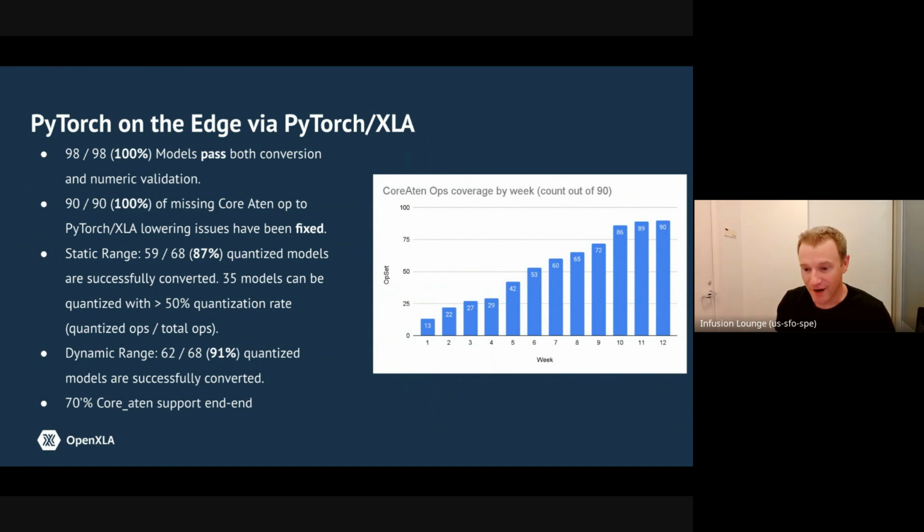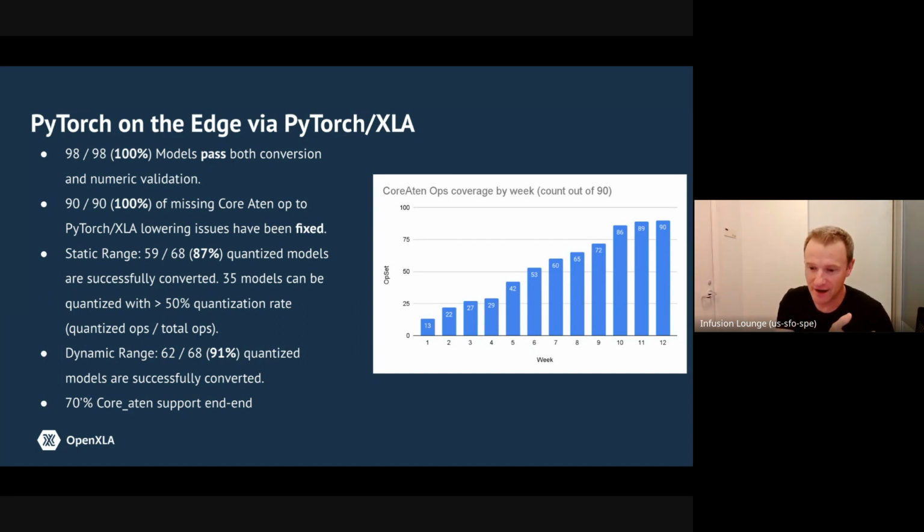In terms of coverage, which is a key area of concern, what portion of PyTorch programs work successfully in this flow? We have a really close partnership with the Torch XLA team, also with the Stable HLO team, to increase our coverage over time. This is a report from Q1 of this year, and we're at a point now where almost everything we want to do in Core ATen is supported in Torch XLA.